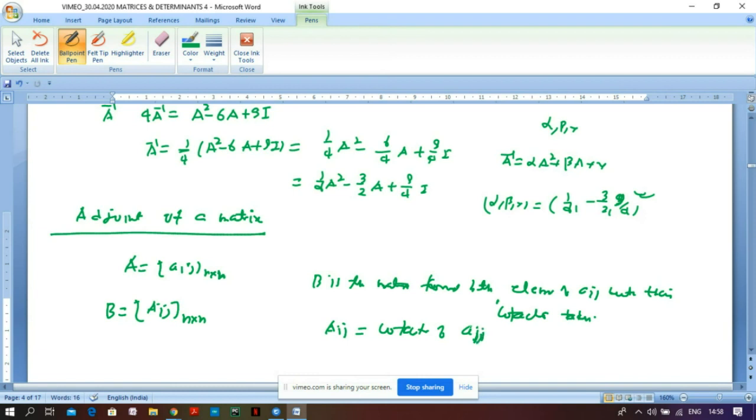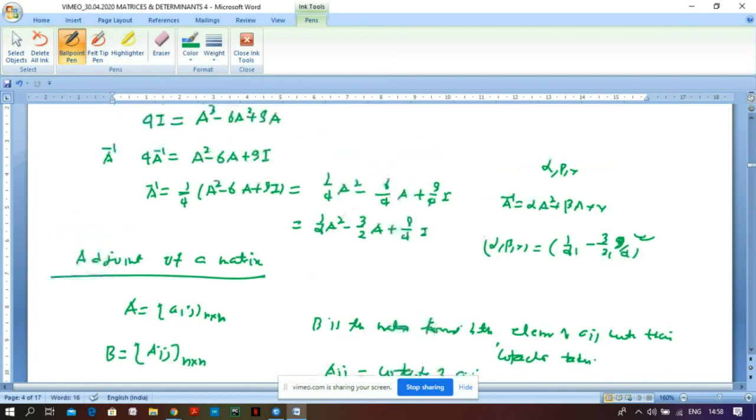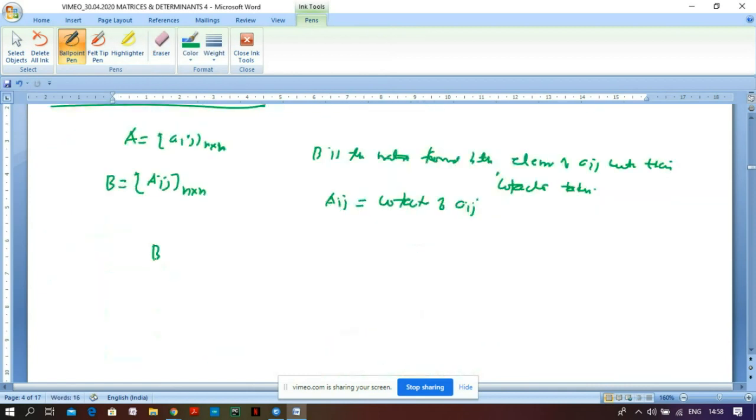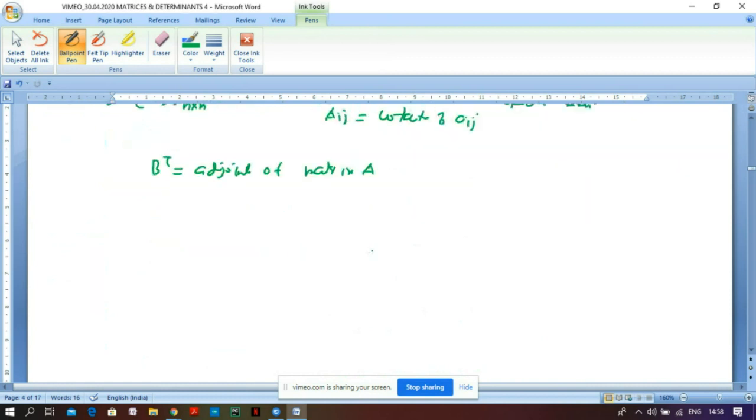That's what we mean. And then if I take B transpose, then this is defined as the adjoint of matrix A. Now, this has got many properties.